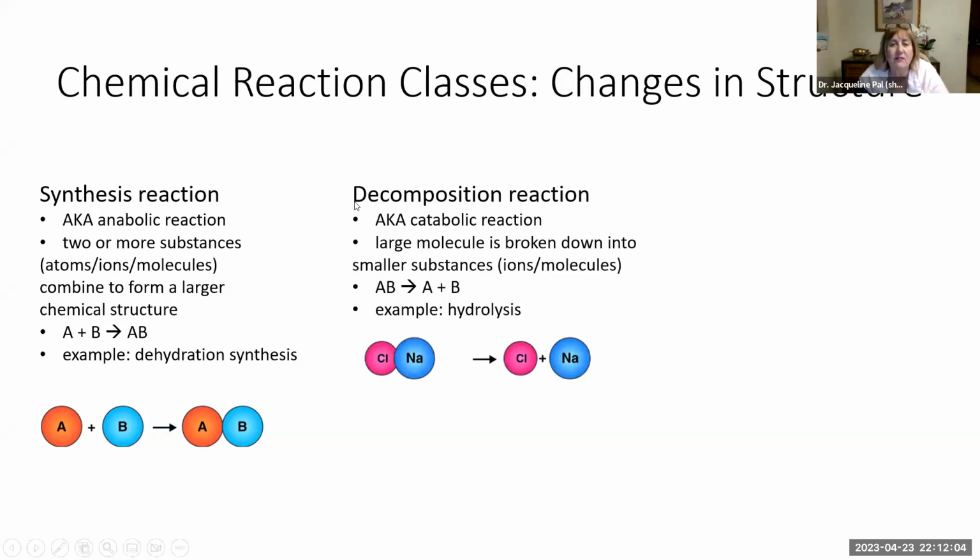The second type is known as a decomposition. If we think of decomposition, we're usually thinking of the leaves breaking down in the woods. So it's breaking down stuff. These are our catabolic reactions, where we have something bigger and we're cutting it into 2 or more smaller pieces. In this example, we would start with AB as the reactant, and the products here would be A and B. If you look at the little circles, we're starting with sodium chloride and breaking it down into a chloride atom and a sodium atom.